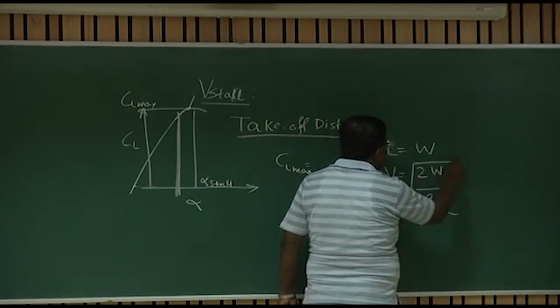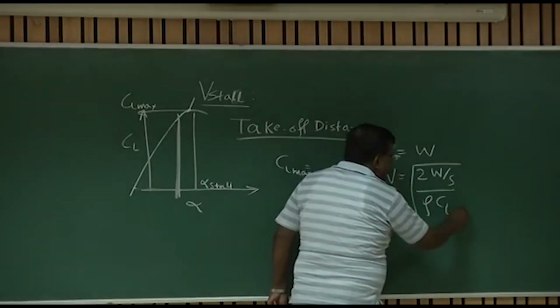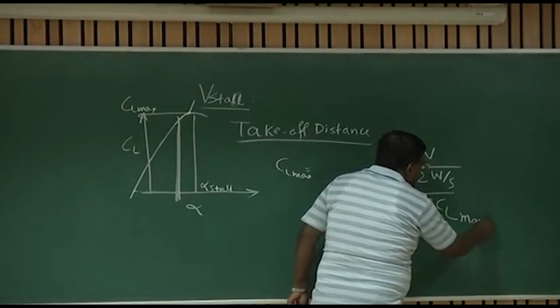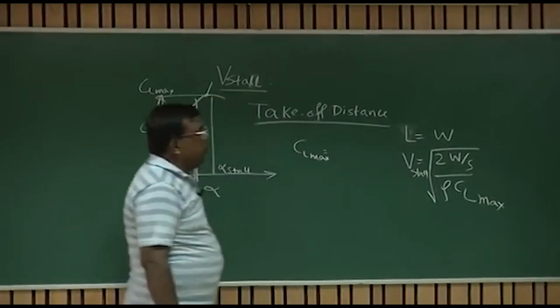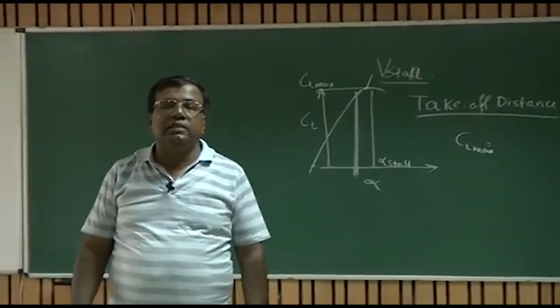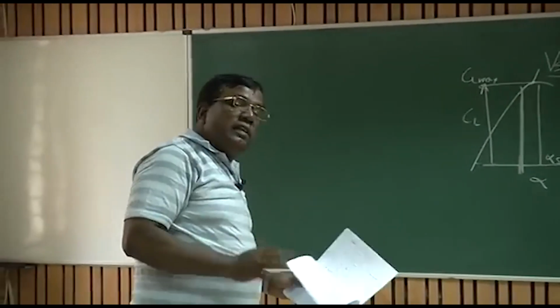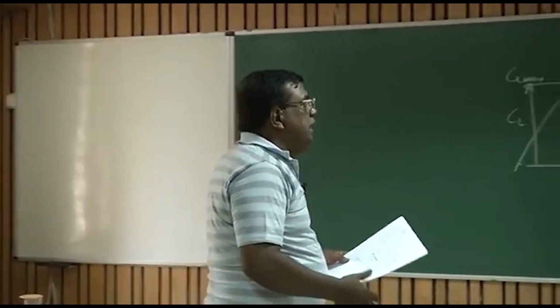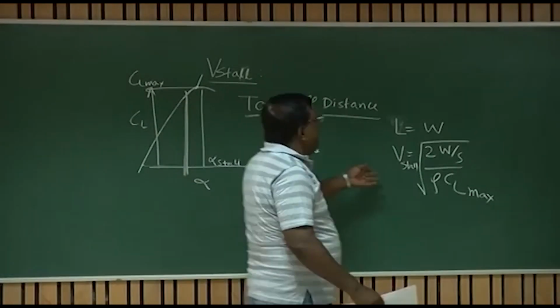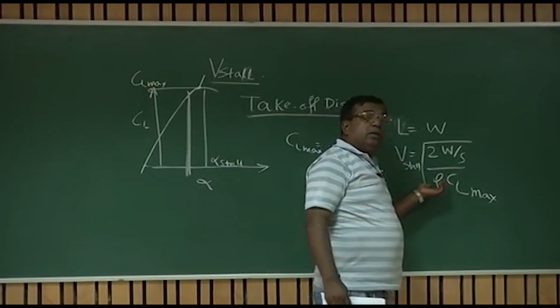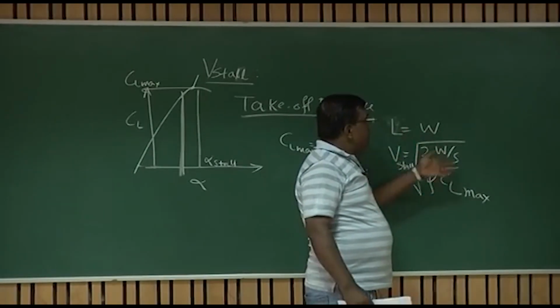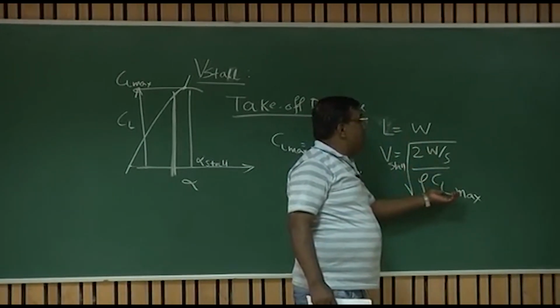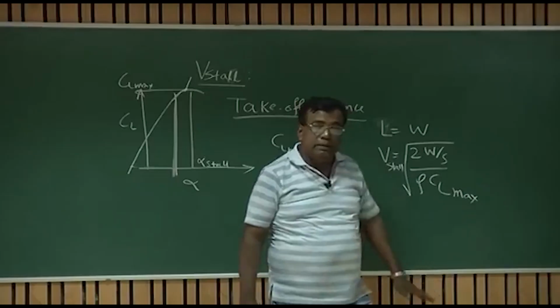If CL is CL max, then this is Vstall. Okay? What is the message here? The message is very loud and clear. This is the minimum speed with which the airplane can fly for a given wing loading and given density, that is, given altitude, because you have maximized the contribution of the lift coefficient CL max, right?